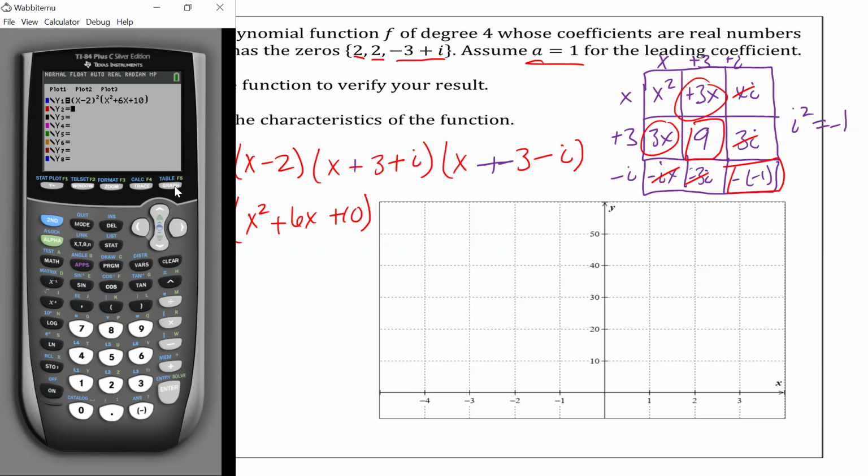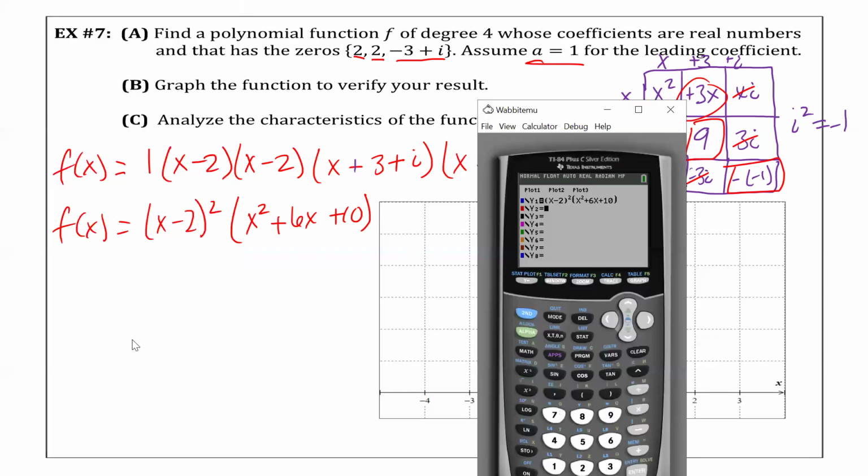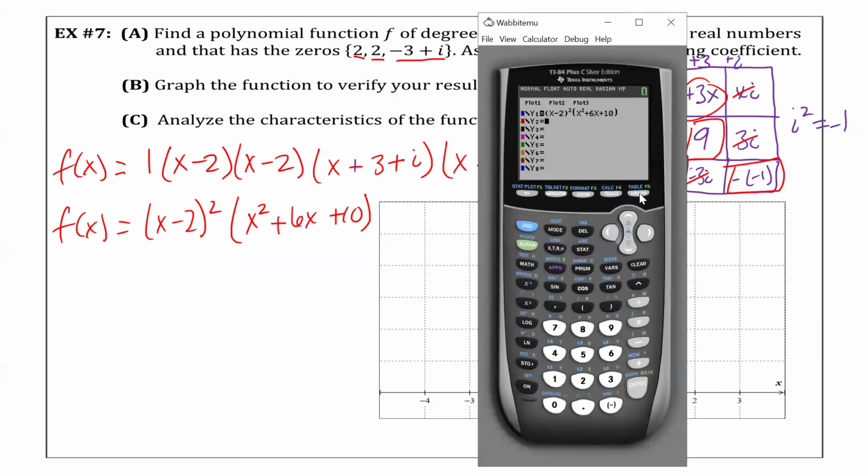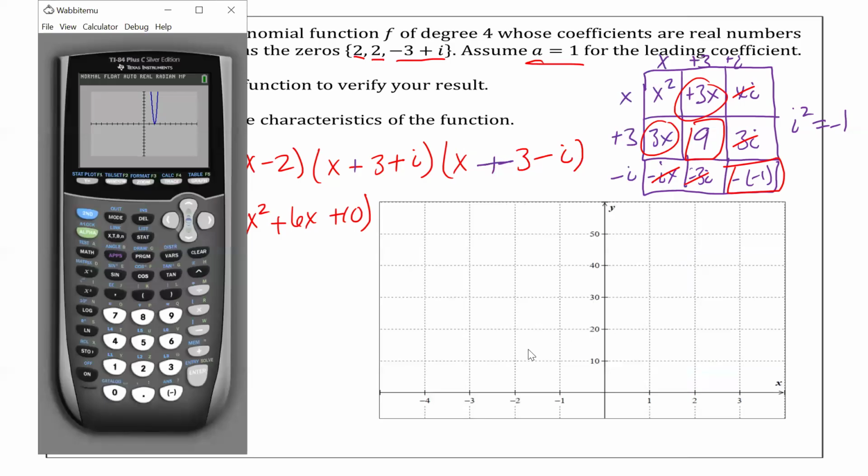I just wrote down what we wrote on our notes. But I can't zoom on the calculator, that's why. So when I go to graph, she finally shows me something, but it's not a good view. So notice here how I adjusted my window to show you what my graph view should be.